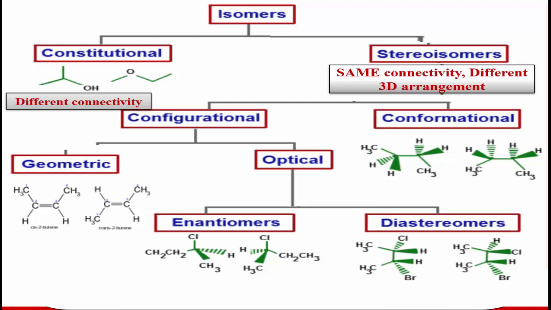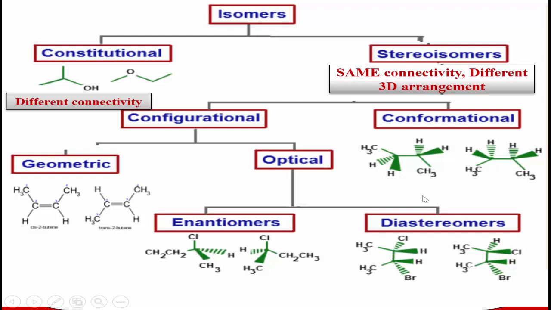Conformational isomers are the ones formed due to rotation of substituents around a carbon-carbon single bond. There is no restriction in the rotation of the substituent around a carbon-carbon single bond. These differ in the arrangement of the substituents around the carbon-carbon single bond, and this is due to rotation of substituents around carbon.